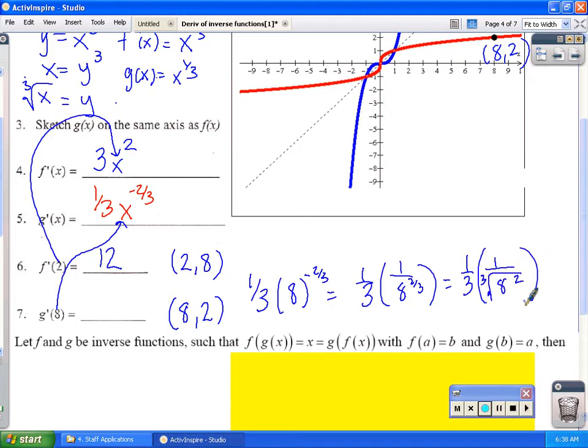We know that the cube root of 8 is 2, and 2 squared is 4, so we have 1/3 times 1/4, which is equal to 1/12.